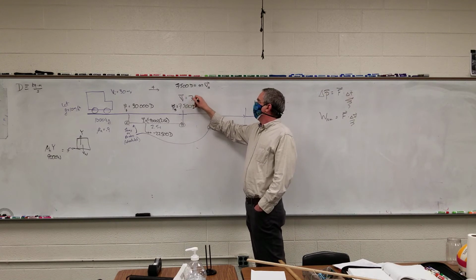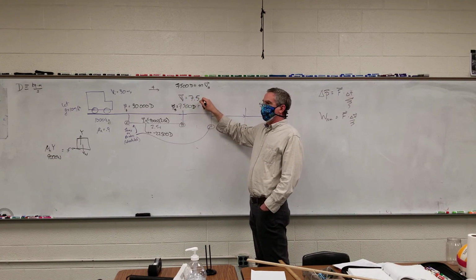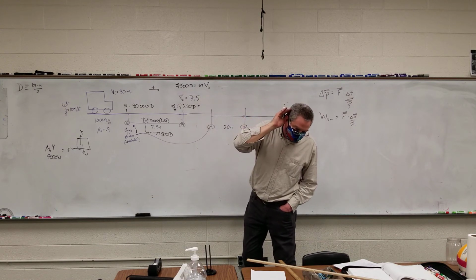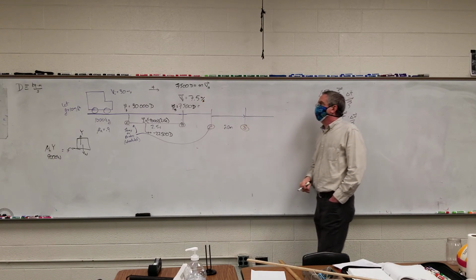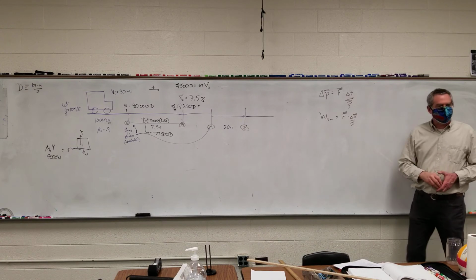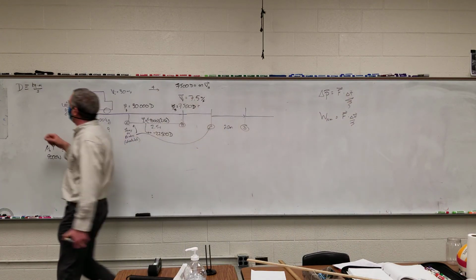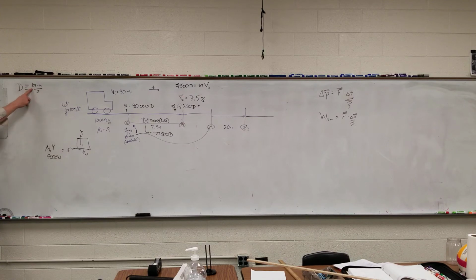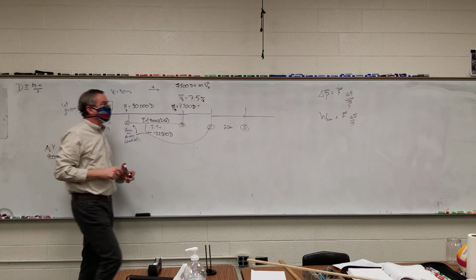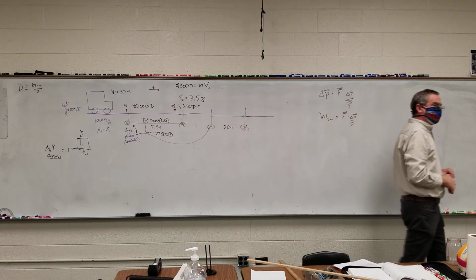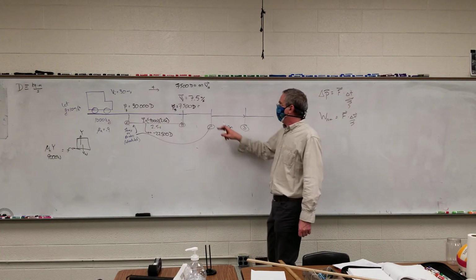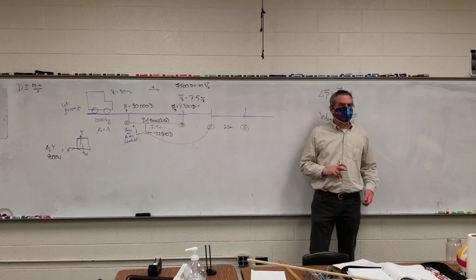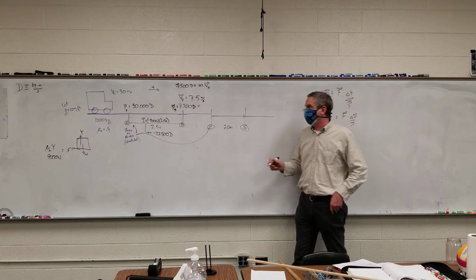The velocity is 7.5 what? Meters per second. Would it be meters per second? It would be, because we divided by kilograms. Descartes over kilograms, the kilogram would disappear, and then you're left with meters per second. All right, so we now know the car has slowed down significantly to 7.5 meters per second. That's how fast the car is going at this point, when it starts to skid 20 meters, or not, depending on if it stops or not.